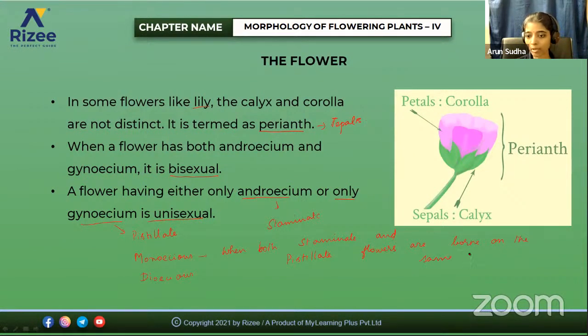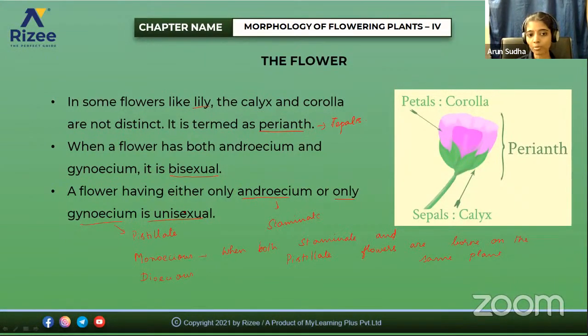Same plant, then that is called monoecious. When they are present on different plants, it is called dioecious.